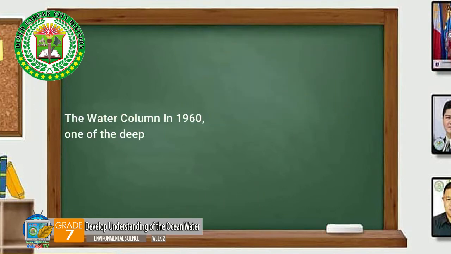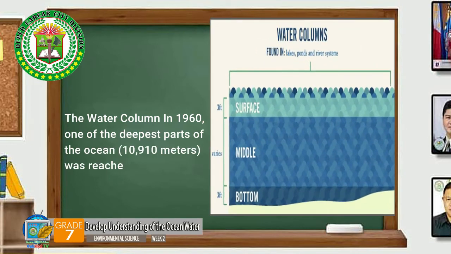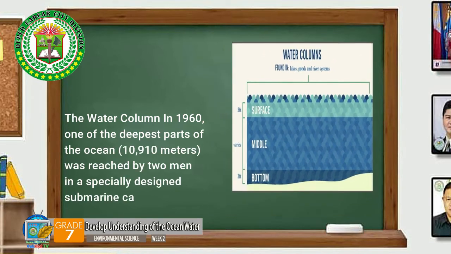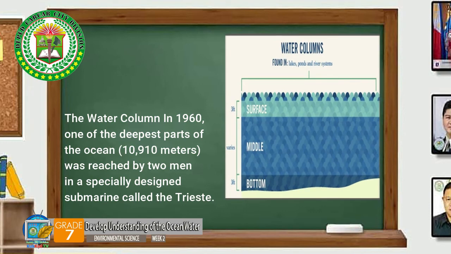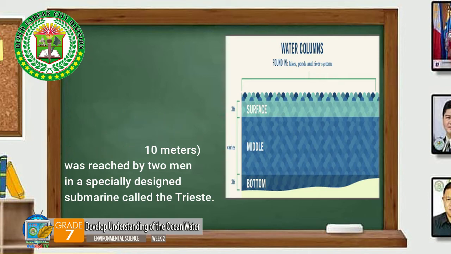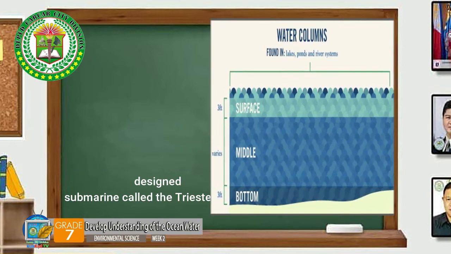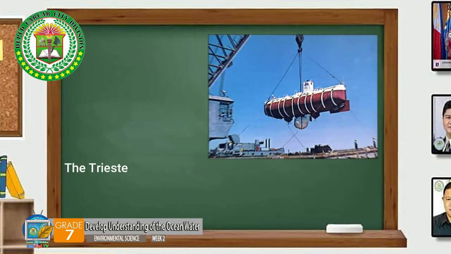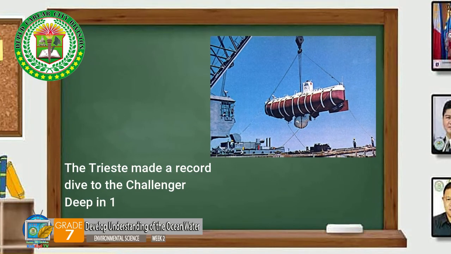The water column. In 1960, one of the deepest parts of the ocean, which is 10,910 meters, was reached by two men in a specially designed submarine called the Trieste. The Trieste made a record dive to the Challenger Deep in 1960.